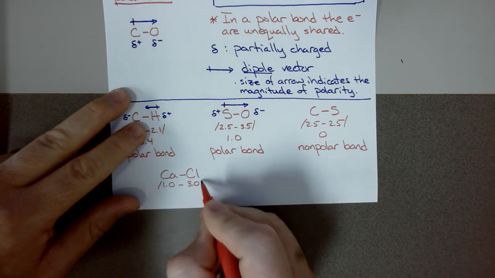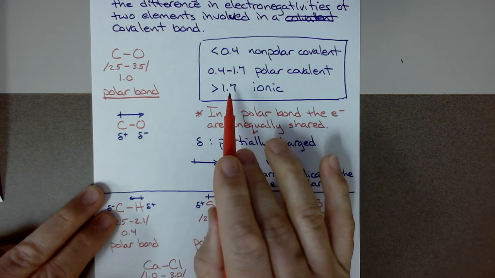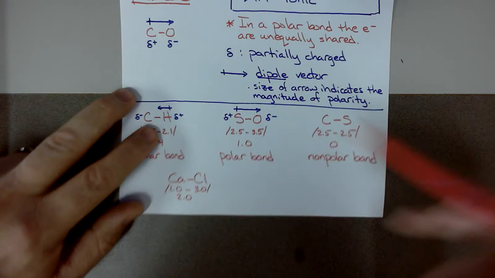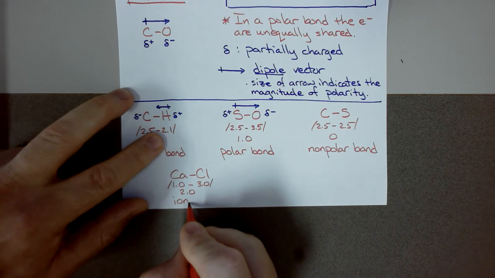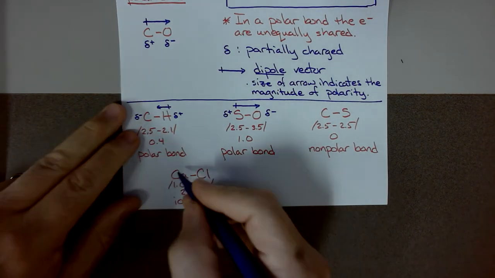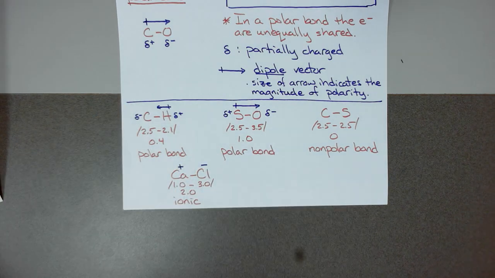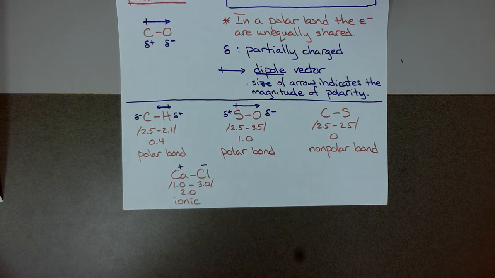That difference is a 2.0, which is greater than 1.7, so this is an ionic bond. And with that ionic bond, we would say that this is positive and this is negative, not partial positive or partial negative. It is a true positive and a true negative value in an ionic bond.